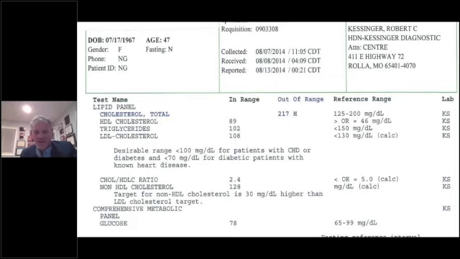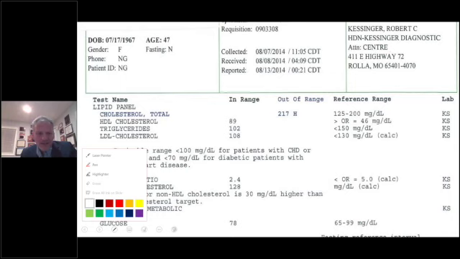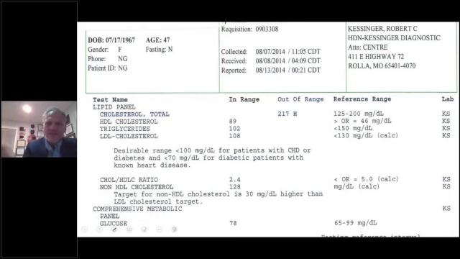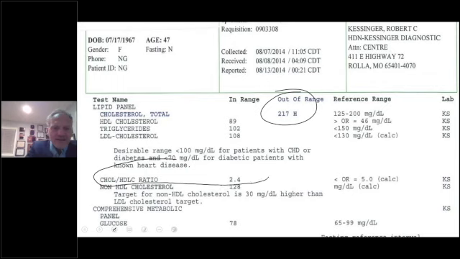First thing that we notice is look at the cholesterol. The cholesterol is sitting at 217. That's fine, right? We don't have a problem with 217. But what we do have a problem with is that the cholesterol to HDL ratio down here is 2.4. Now, I'm not going to go too far into this because we've taught on this before, but here's the way we look at this.